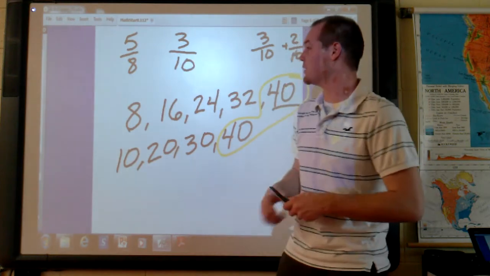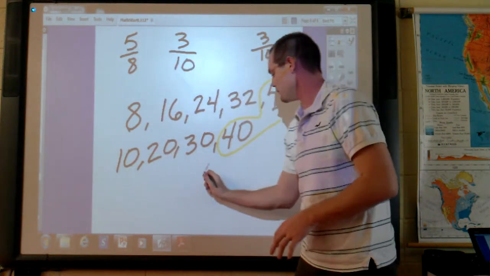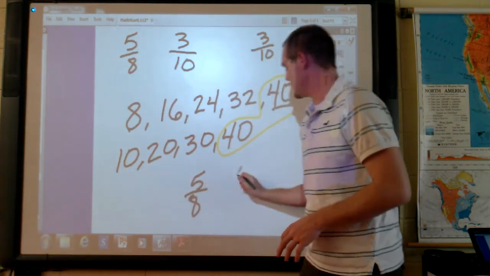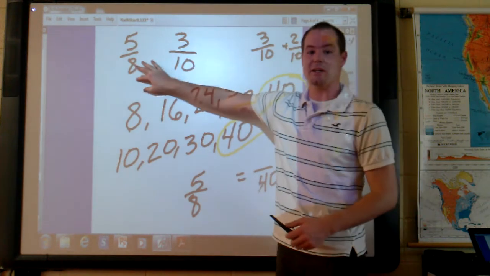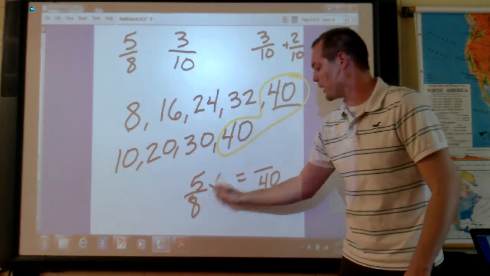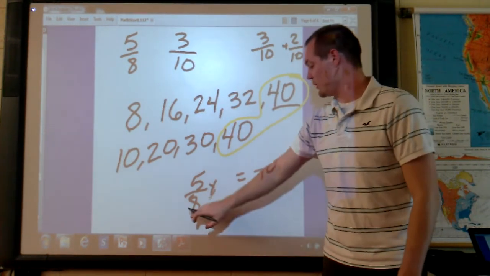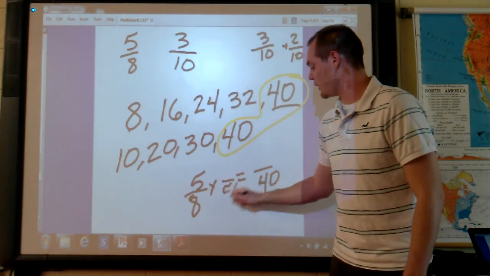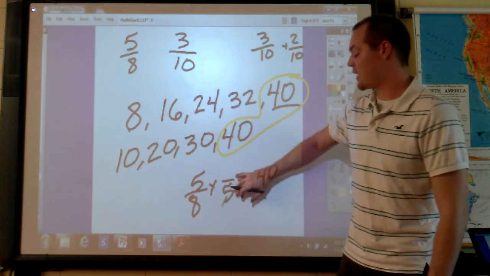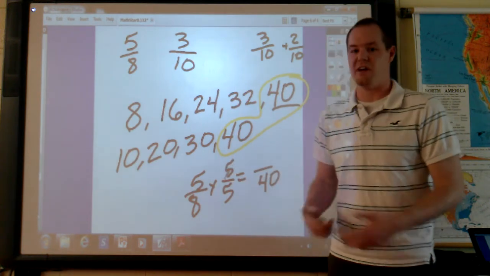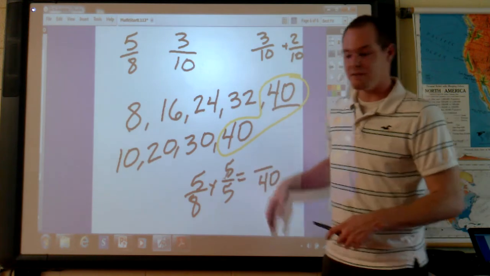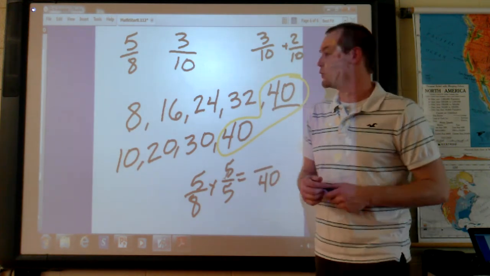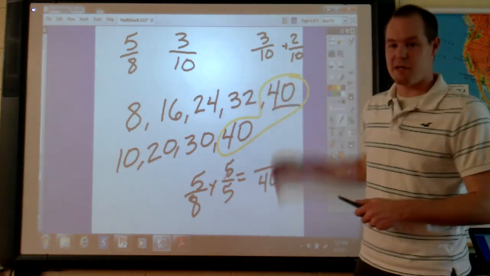Now, of course, if we wanted to get from 5/8 to a denominator of 40, so we could add or subtract these two numbers, we know how. We multiply by fractions equal to 1. How do you get from 8 to 40? Well, you multiply it by 5. How do we make this fraction equal to 1? We make it 5/5. So, again, this is something that is a little bit more advanced and something that we'll get to in the next week or two. But this is why we need to find the least common multiples.